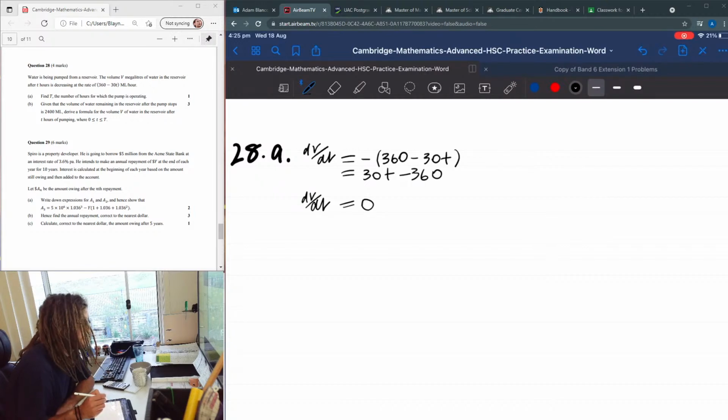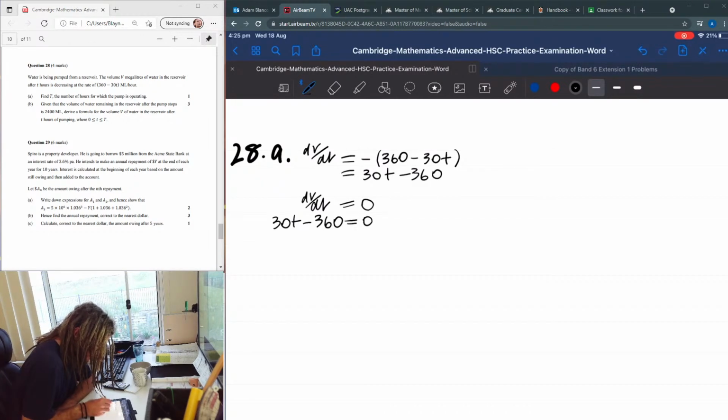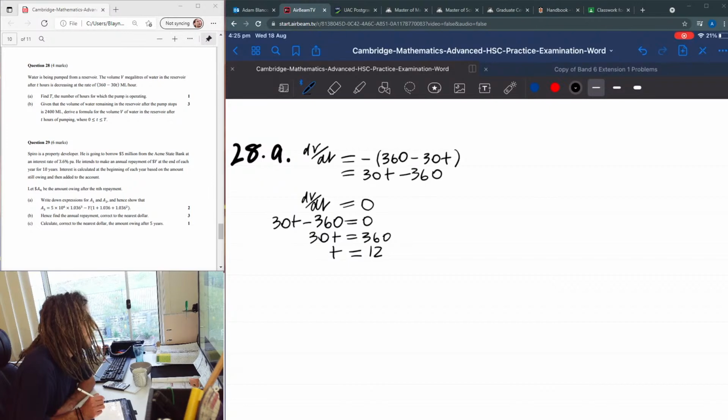That tells me that it's stopped coming out of the pump. So that's 30t minus 360 equals 0. That means 30t equals 360. That means t equals, how many 3's go into 36? 12. What are the units? Hours, number of hours. Okay, so 12 hours.